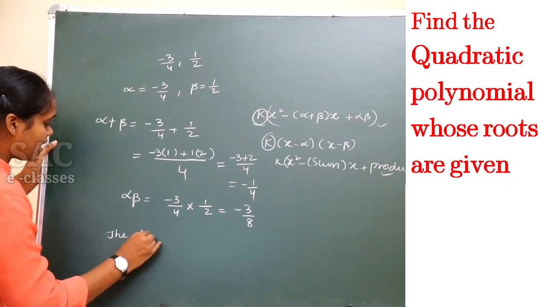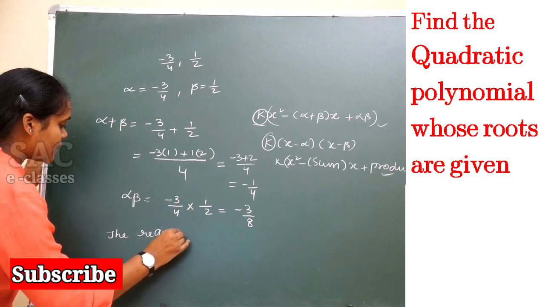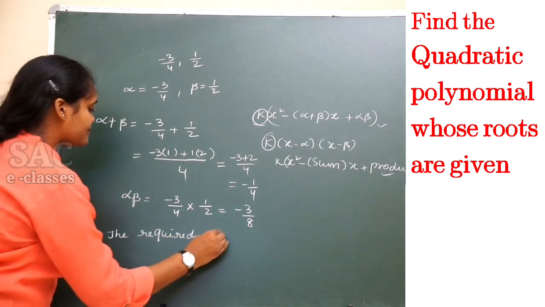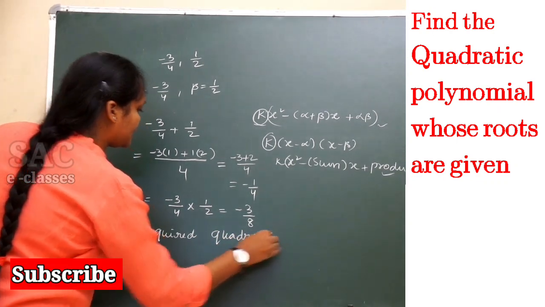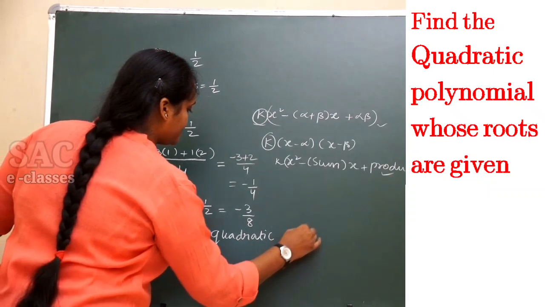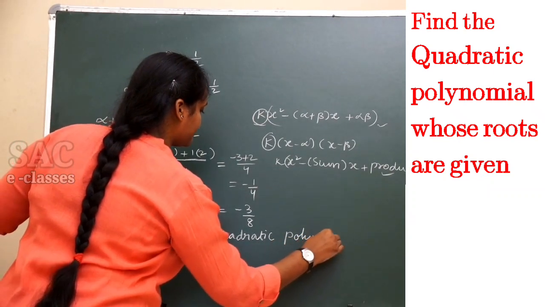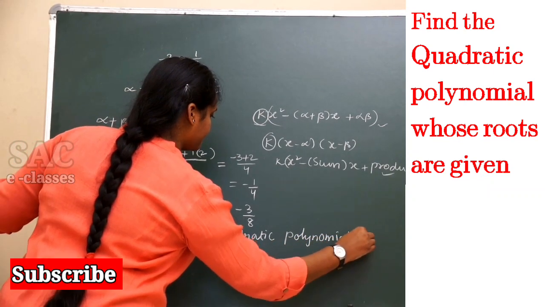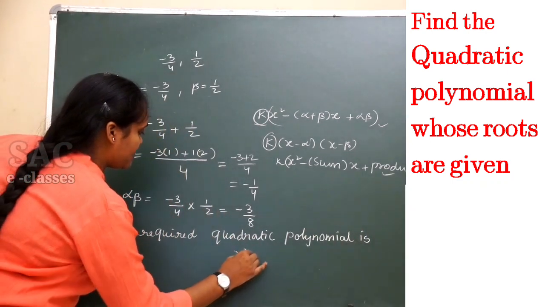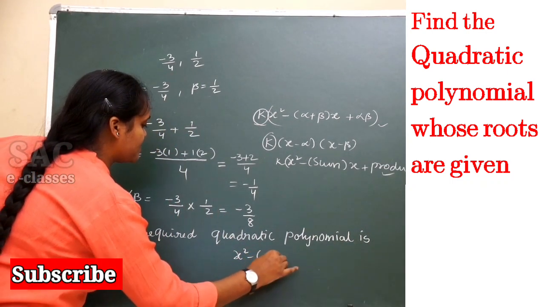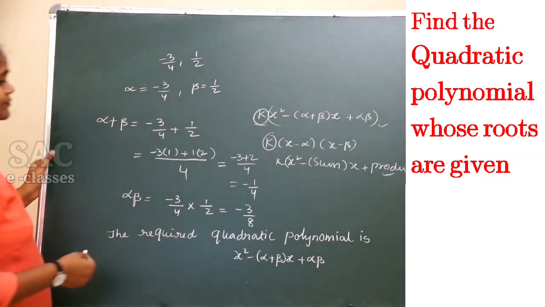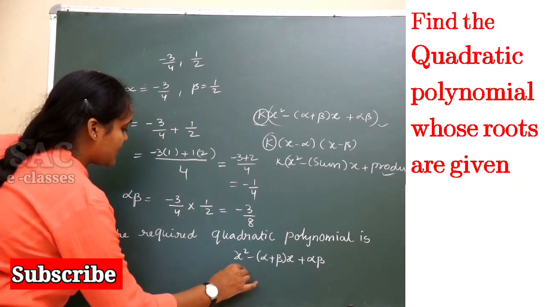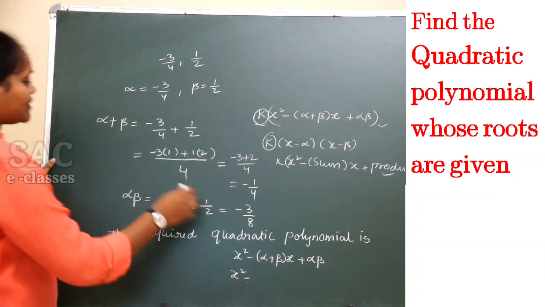Then the required quadratic polynomial is x square minus alpha plus beta into x plus alpha beta. So x square minus, what is the alpha plus beta value we got?